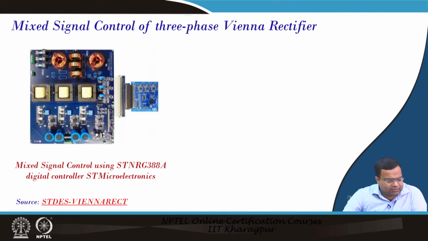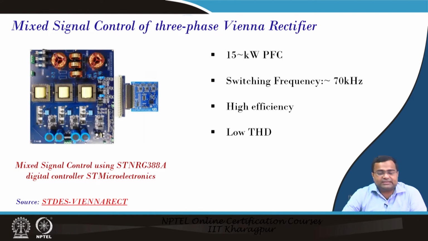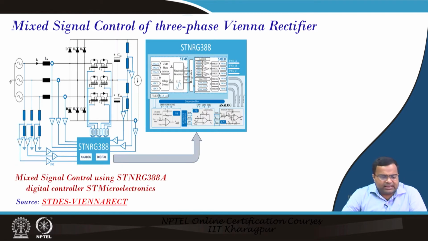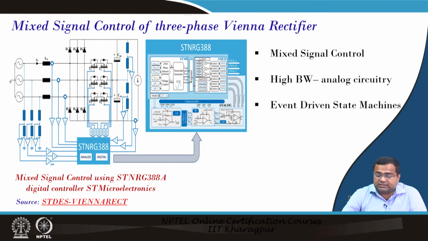So, this is another one from ST Microelectronics, the 3-phase Vienna-Rectifier, where it is a mixed signal control, and the inside of all these control logics are not available, but it said that event driven state machine it uses a mixed signal control.